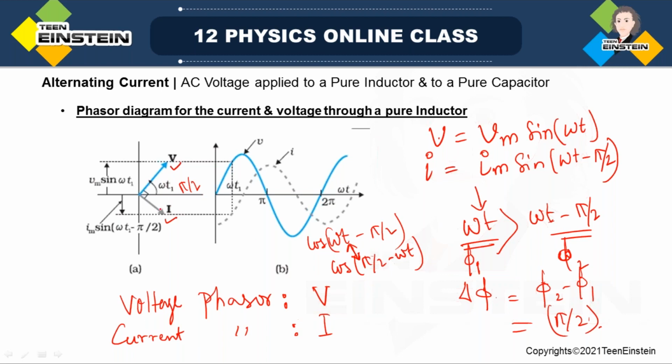So from this figure you can understand that the angle between the voltage phasor and current phasor is 90 degrees. So the phase difference delta phi is 90 degrees.